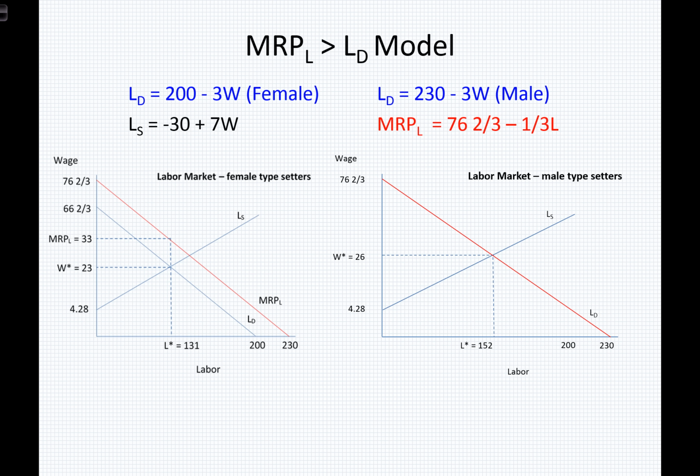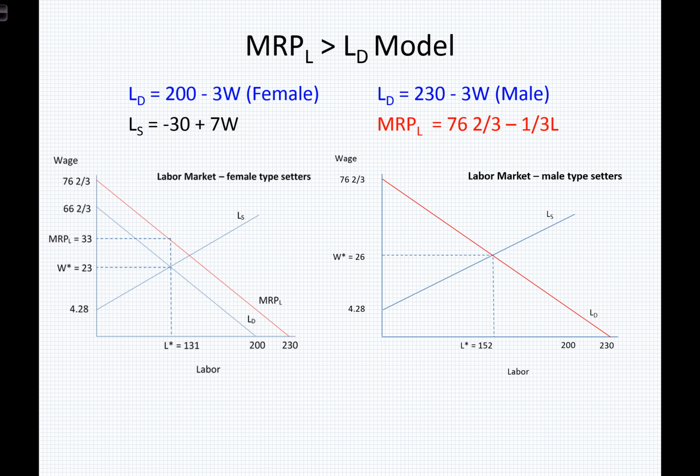So I'm supposing a market here where we have both male and female typesetters. And on the right, I've given us the labor demand for male typesetters. I've given a marginal revenue product of labor equation for typesetters generally.